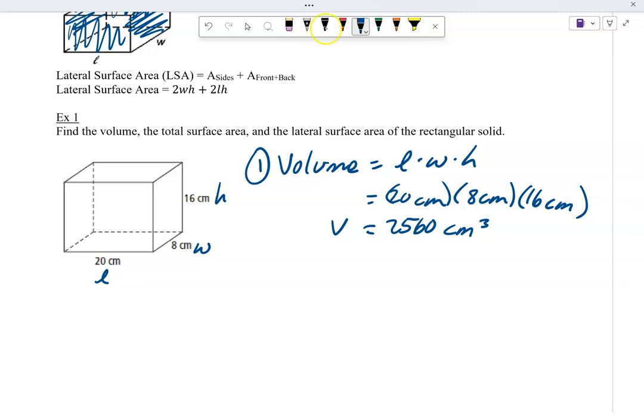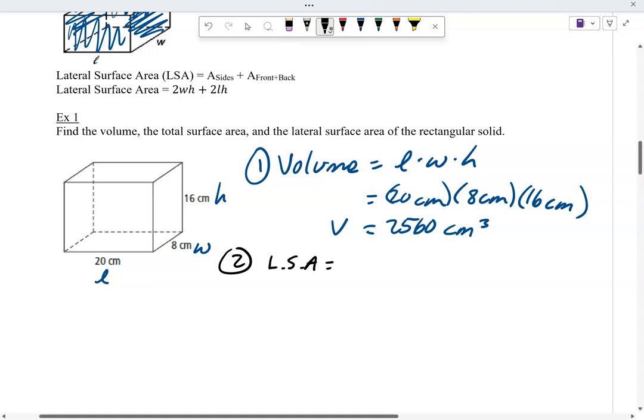Now let's do our lateral surface area next. That's the area of the front and the back plus the area of the right and left. The area of the front and the back would be length times height.